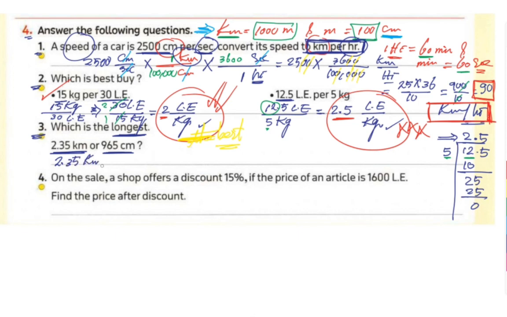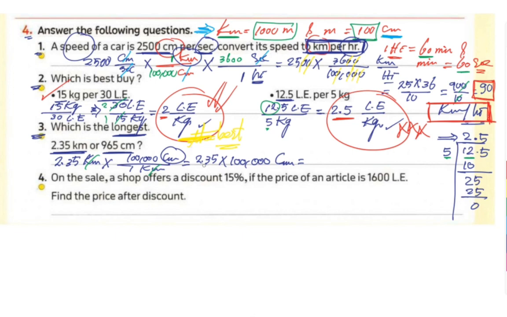2.35 kilometers times 100,000 centimeters over 1 kilometer. Kilometer cancels with kilometer, and I just have centimeters.